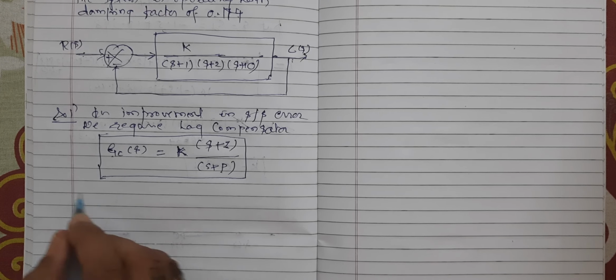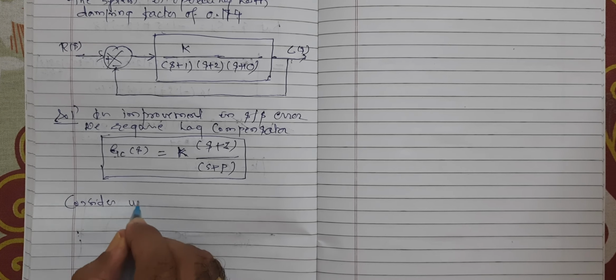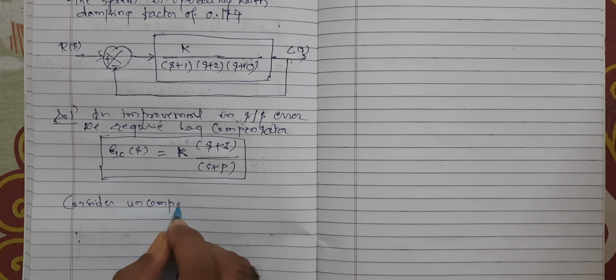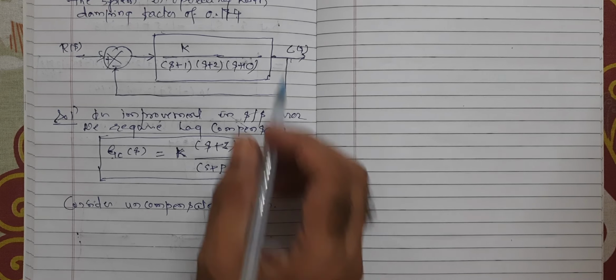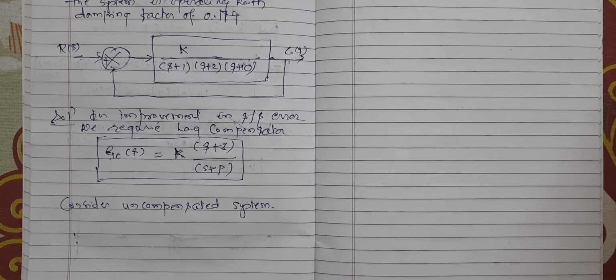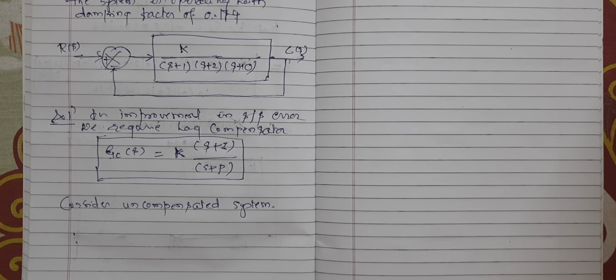So first we will consider the uncompensated system. For the uncompensated system, we have to find out the steady state error. But in the uncompensated system, to find out the steady state error, K is unknown. So we have to find out K first.